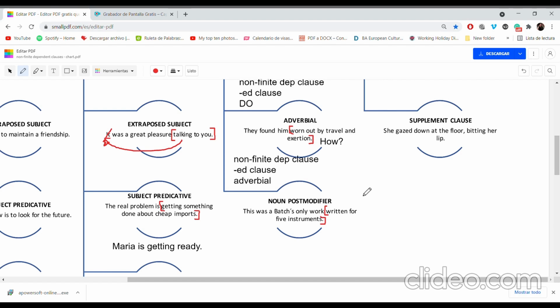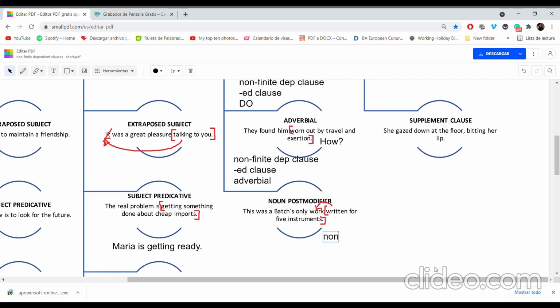In this case, this ed clause is giving us information related to the type of work. Here, remember, this is our noun, work, and the ed clause enlarges the meaning of the noun in our clause. So it's a noun post modifier. It's giving us extra information related to the work.